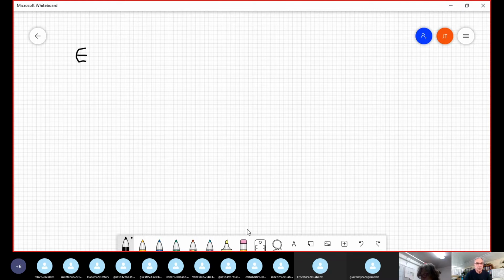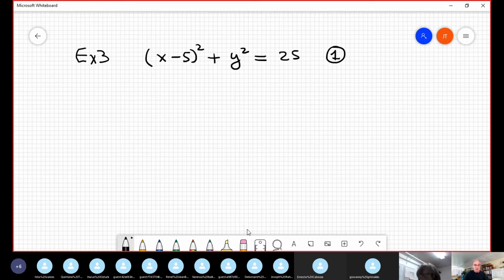Example 3 is x minus 5, parentheses, squared, plus y squared equal 25. This is my equation number 1, that by the way is non-linear.